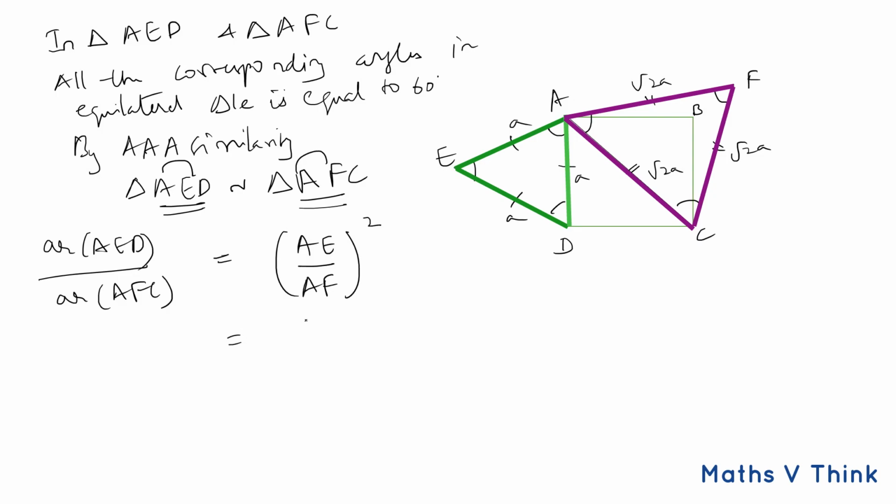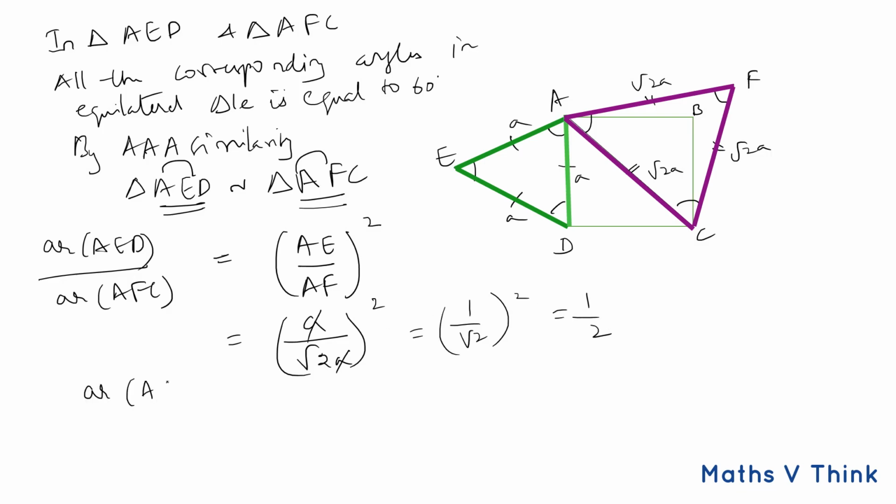So our side AE is A and AF is root 2A. So A gets cancelled. So we get 1 by root 2 the whole square, which is equal to 1 by 2. So we got area of AED divided by area of AFC is equal to half.